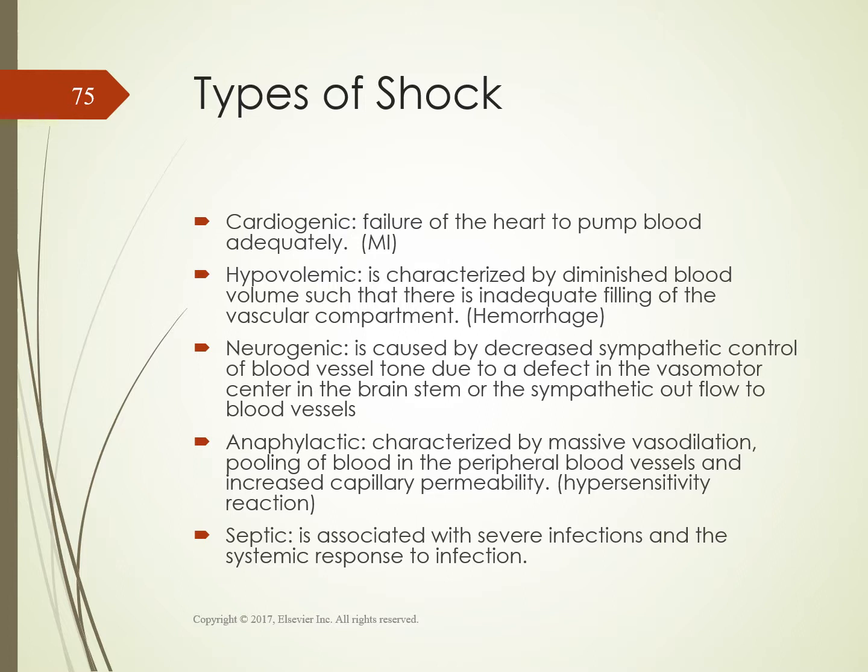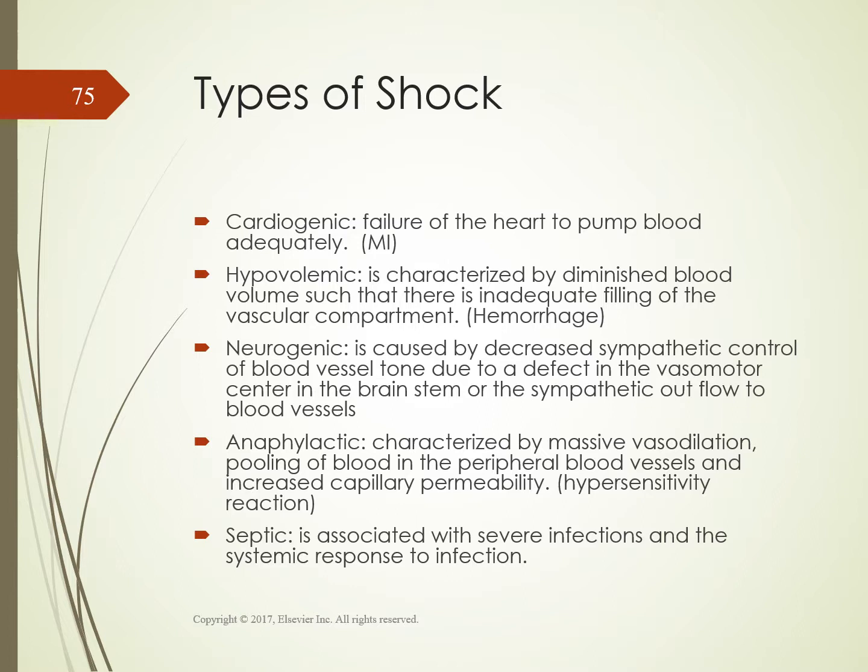There's hypovolemic, characterized by diminished blood volume, such that there is inadequate filling of the vascular compartment. That's hemorrhagic. Neurogenic is caused by decreased sympathetic control of blood vessel tone due to a defect in the vasomotor center in the brainstem or the systemic outflow to blood vessels.